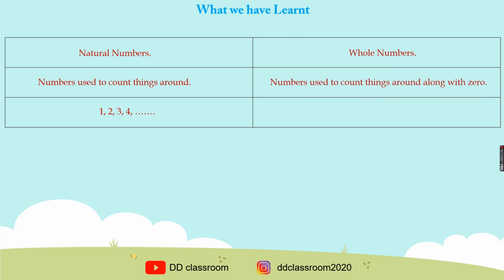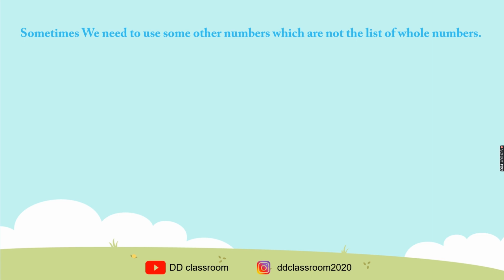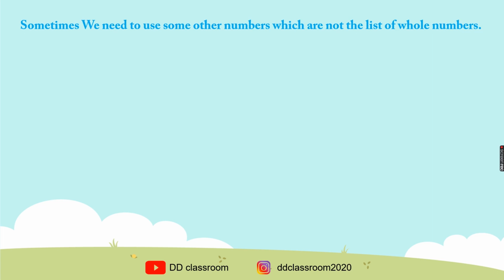Numbers used to count things around along with 0 like 0, 1, 2, 3, 4. Though invention of 0 was great achievement, it was not enough. Let's move. Sometimes we need to use some other numbers which are not in the list of whole numbers.